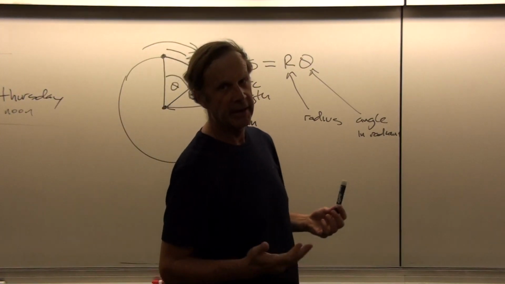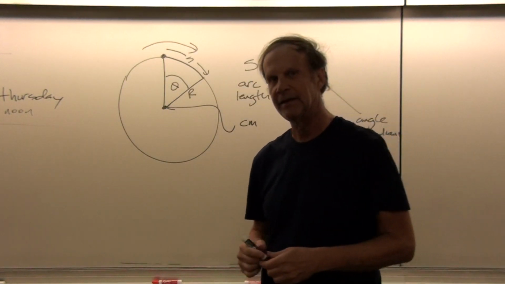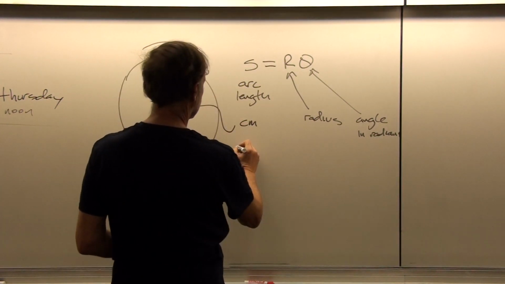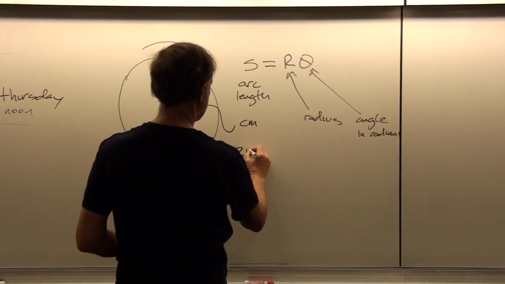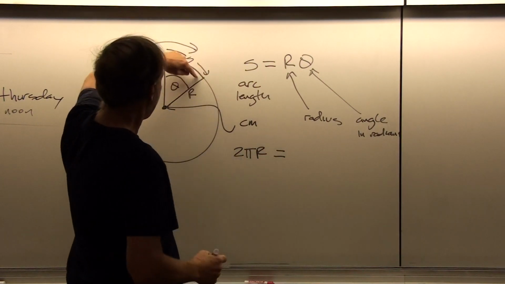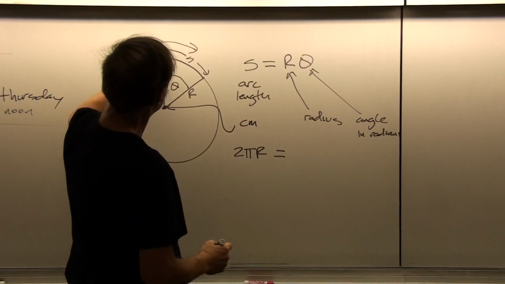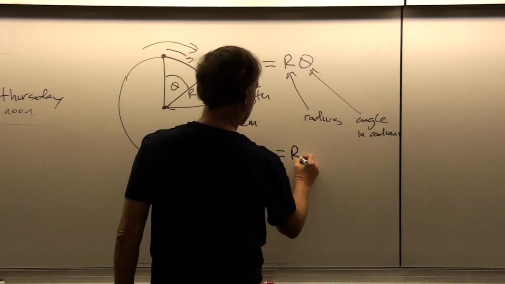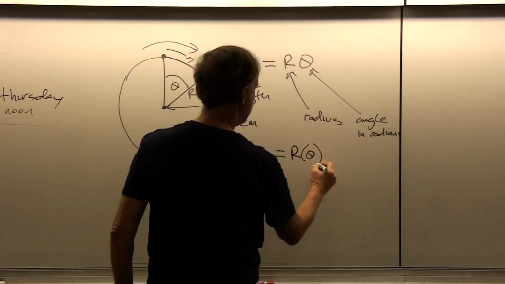We might wonder, why not degrees? Why does it have to be radians? Well, we do know that the circumference of a circle is 2 pi r. And so if that is the total distance that we travel, then this is going to be r times theta.